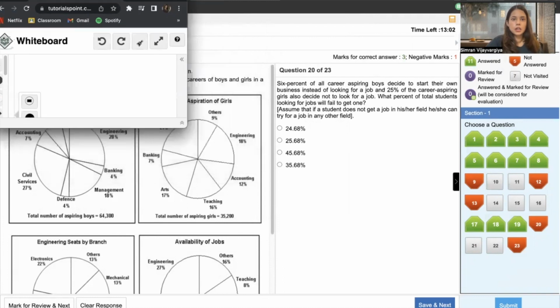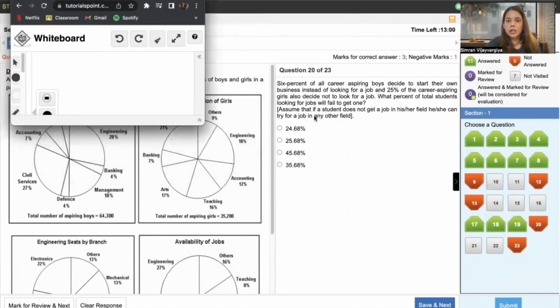Okay. 6% of all career aspiring boys decide to start their own business instead of looking for a job, and 25% of career aspiring girls also decide to not look for jobs. So we know that 75% girls are looking for jobs. Okay. And 94% of boys are looking for jobs.